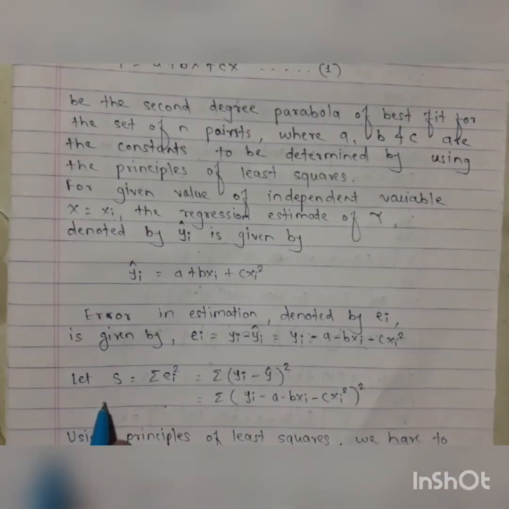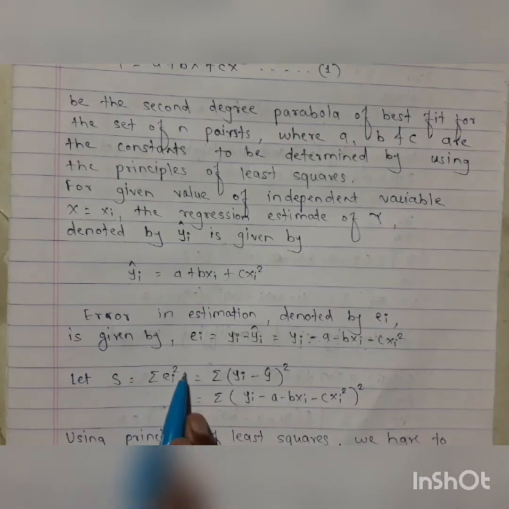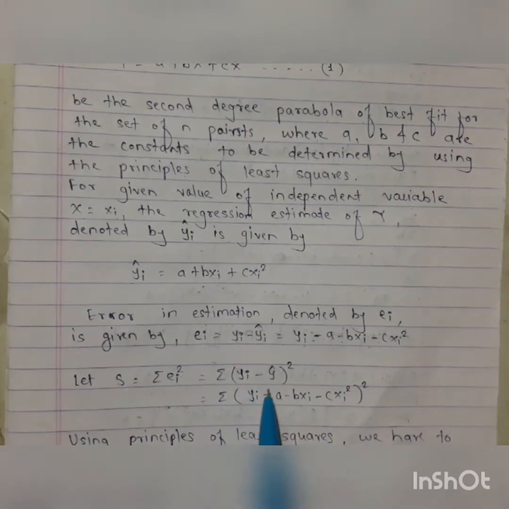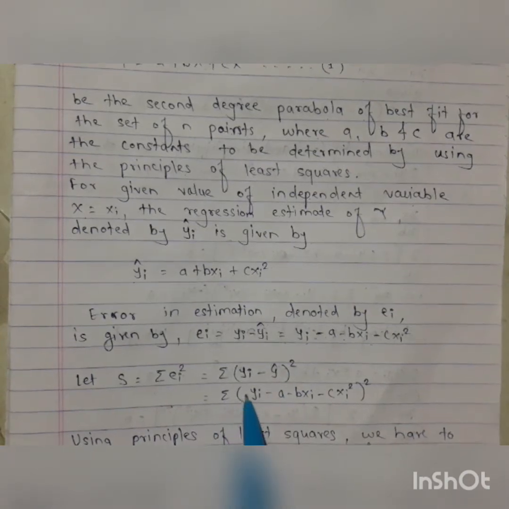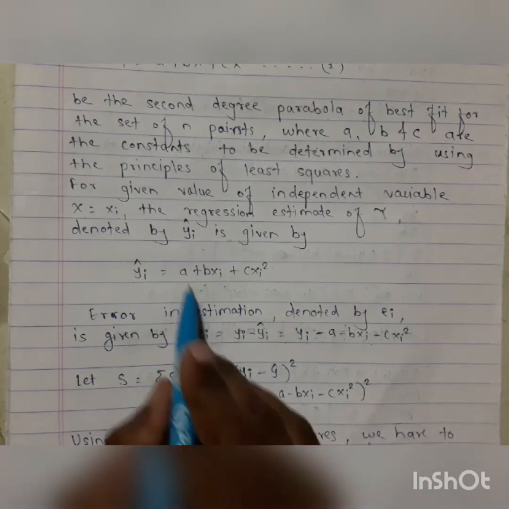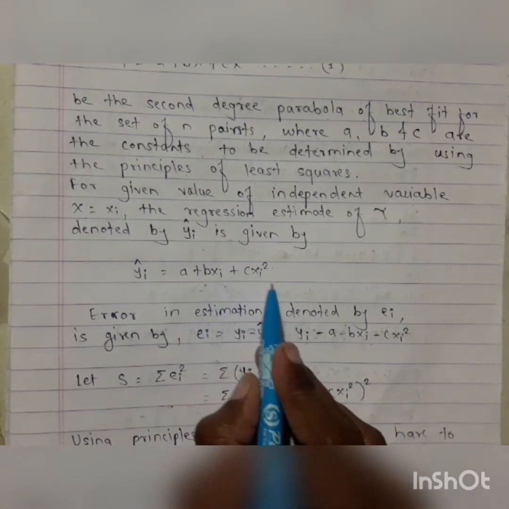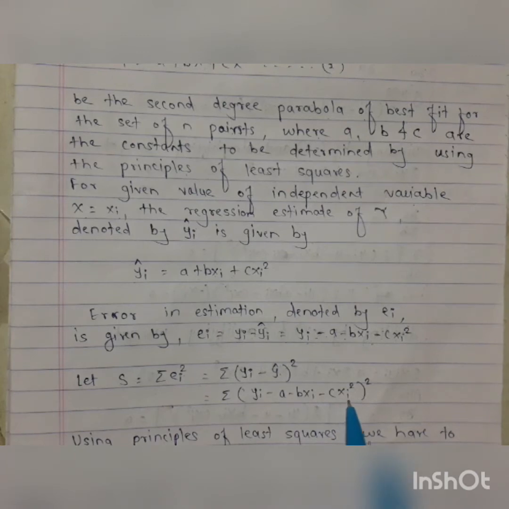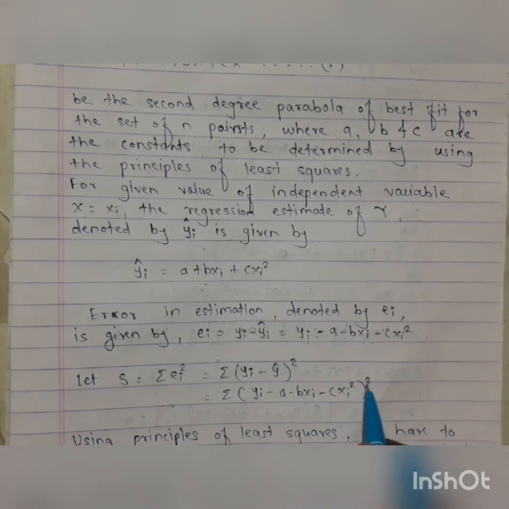Then we know that S is equal to summation of ei square, which is equal to summation of (yi minus yi cap) square, which is equal to summation of (yi minus a minus bxi minus cxi square) square.